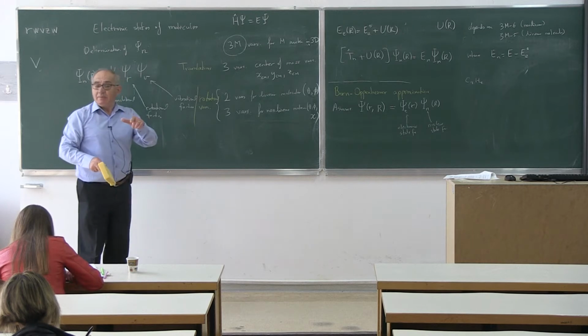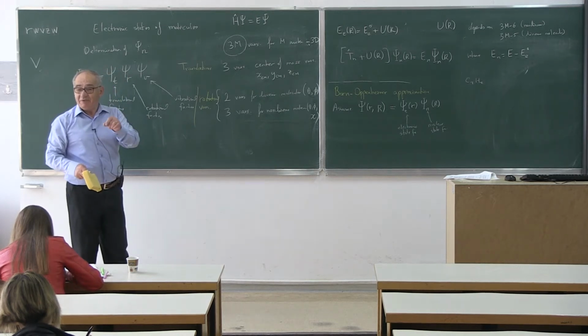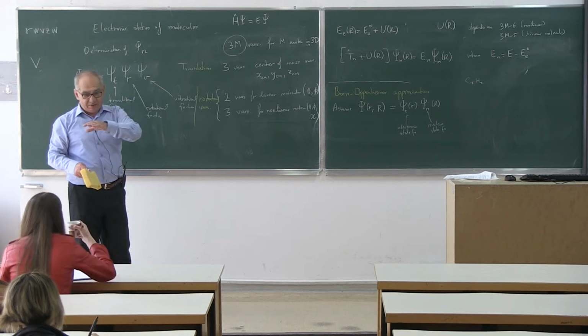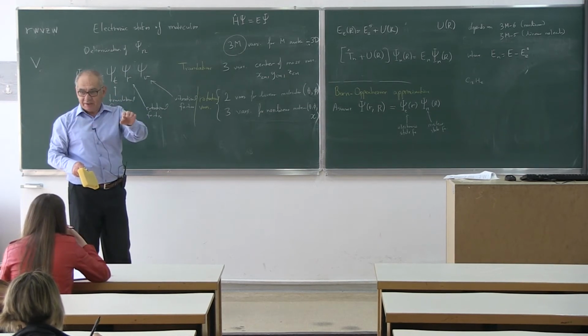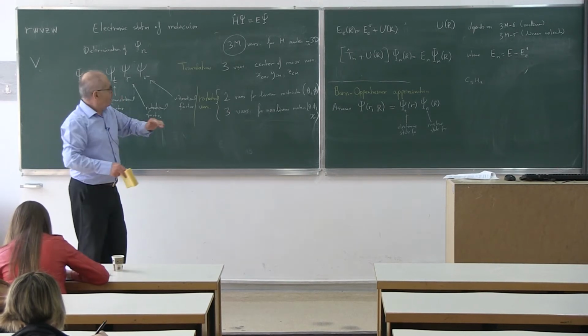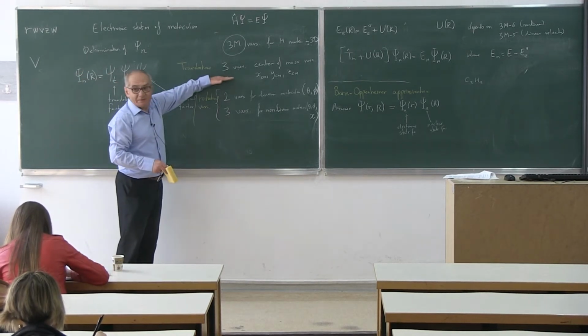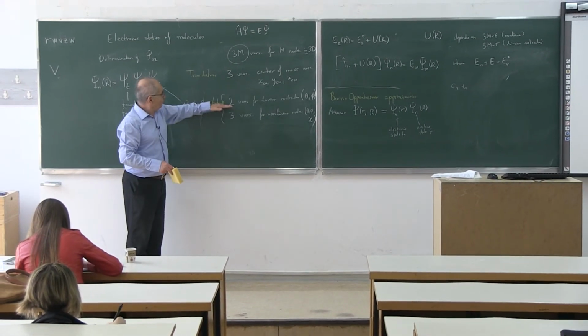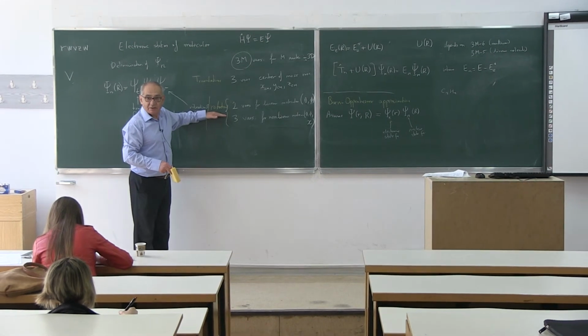The remaining variables are called, by definition, vibrational variables. The total number of variables is known from the outset. What is it? 3 times m. 3 variables are taken as translational variables, 2 or 3 taken as rotational variables.